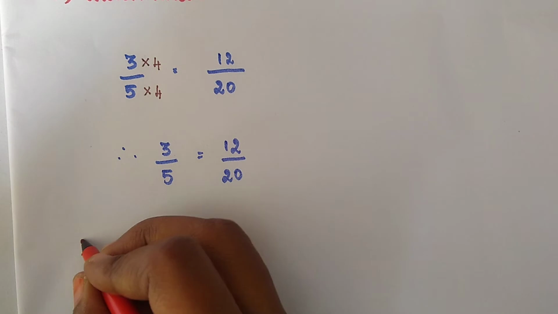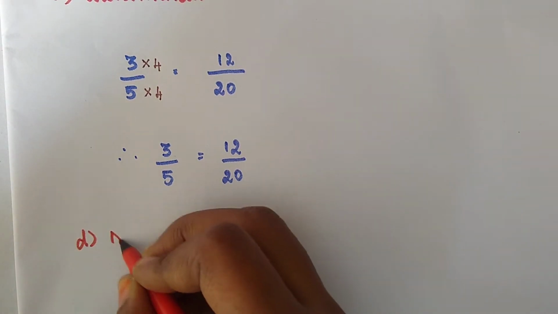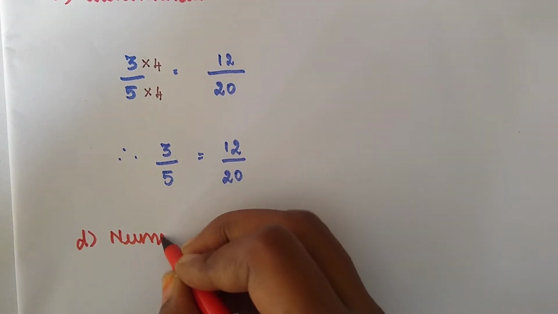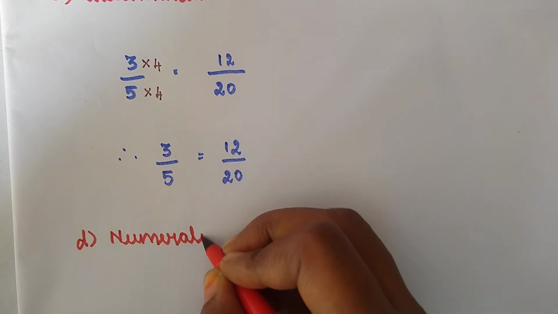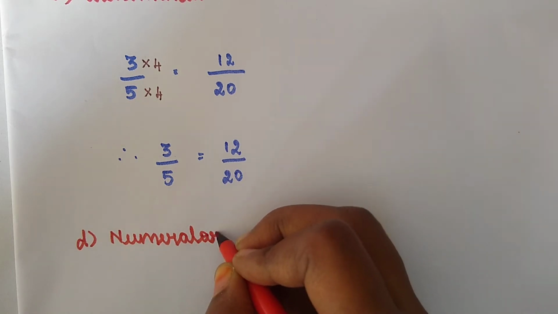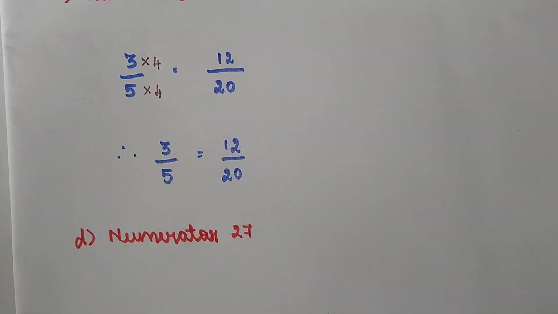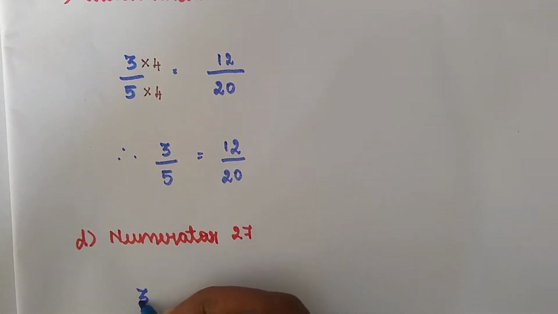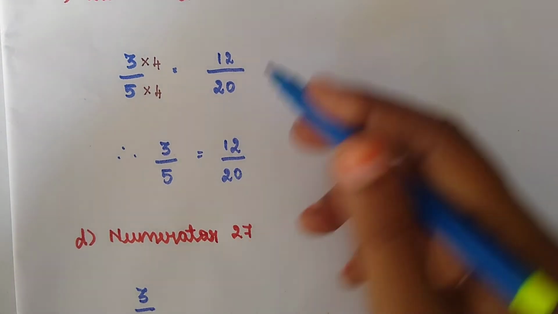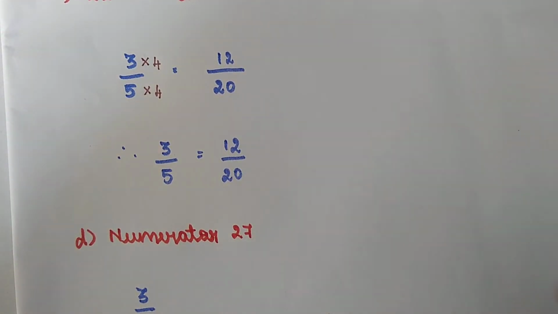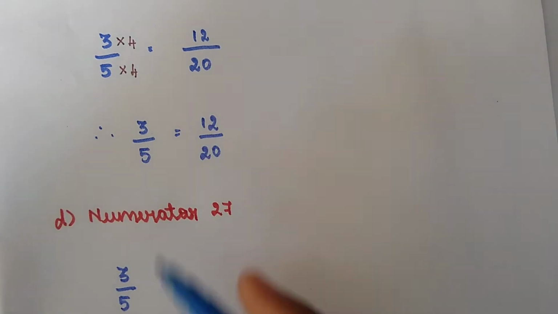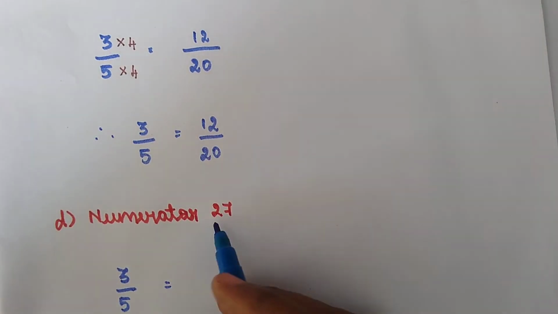Next, let's see another sum. D subdivision. Numerator 27 is given. We have to find the denominator. So 3 by 5 is common for this fourth question. What is given?